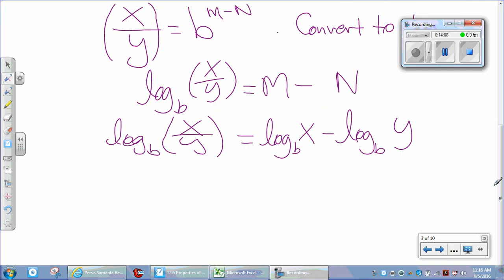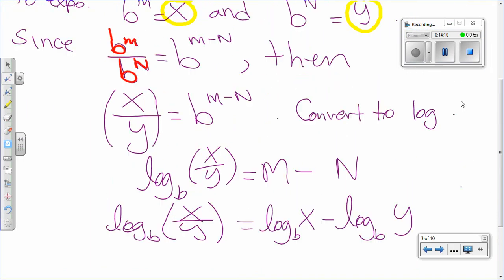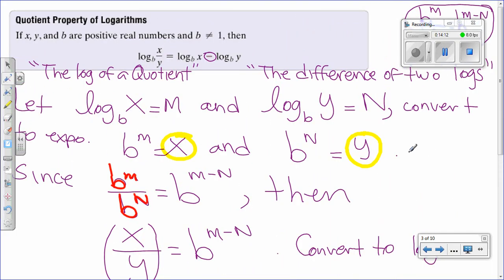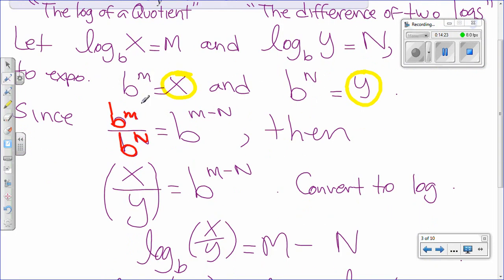So we just finished the proof of the quotient property of logarithms. We started by letting log of x equal m, log of y equal n. After that, we converted to exponentials. And then using the rule with exponents that states that if you divide two letters, you must subtract their exponents. So we used that, and then we used the fact that x is equal to b to the power m, so we substituted that x here.